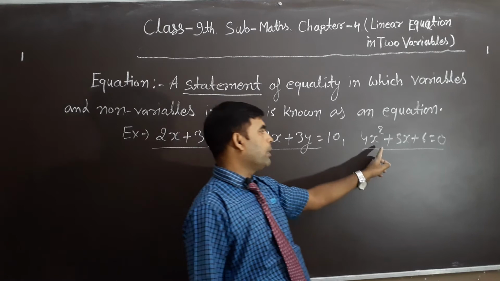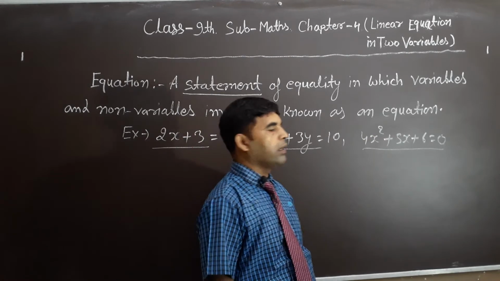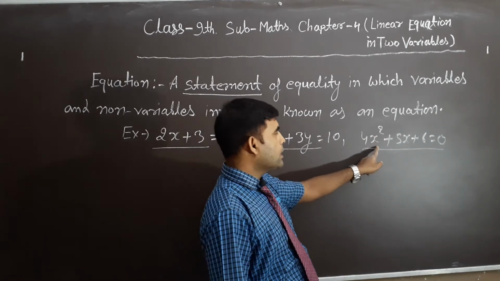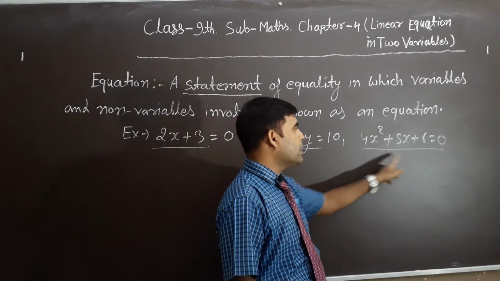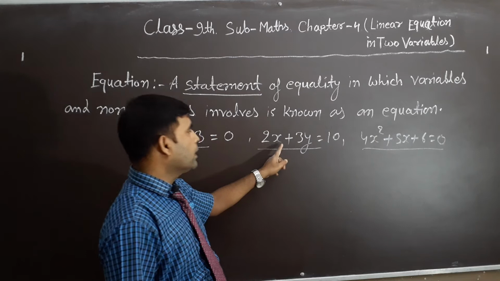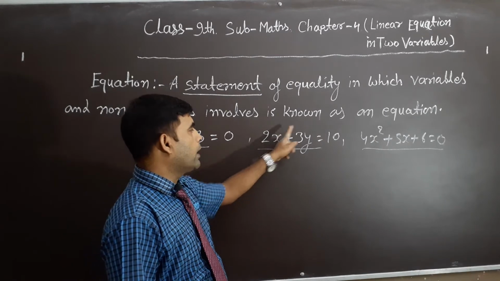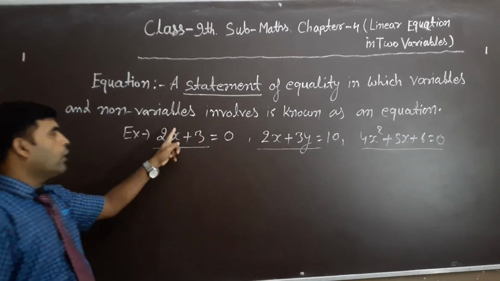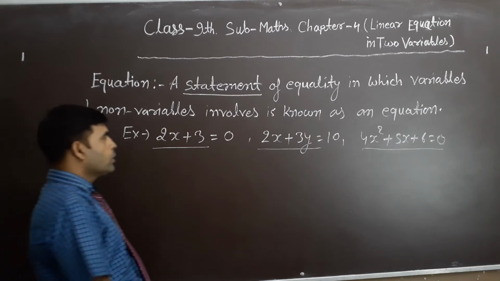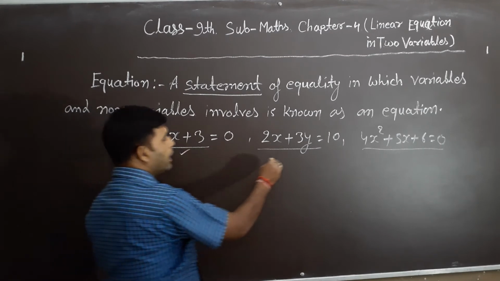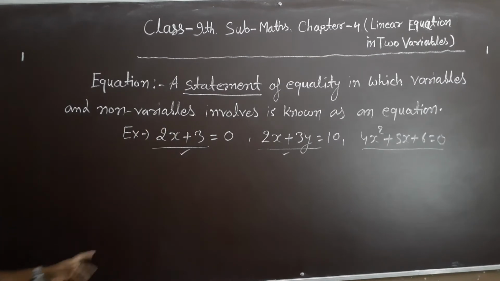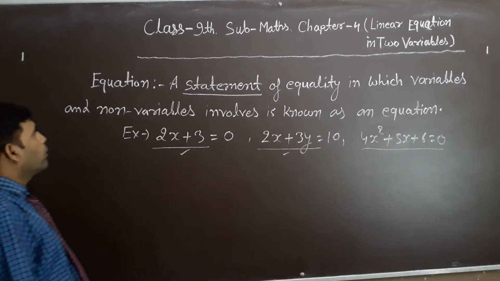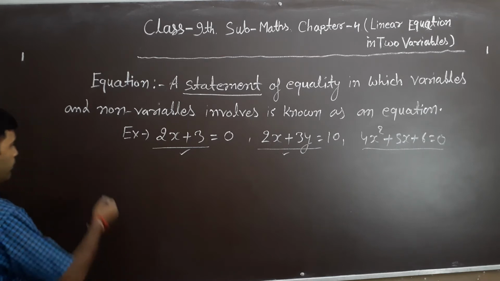In the third example the power of x, the degree of this equation, is 2, while in the first two the degree is 1. So we can say there are different types of equation. Now we study the types of equation.